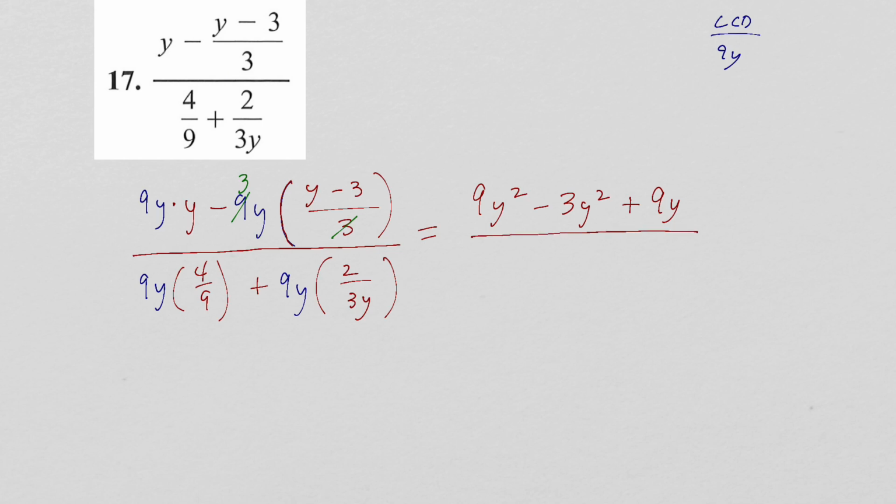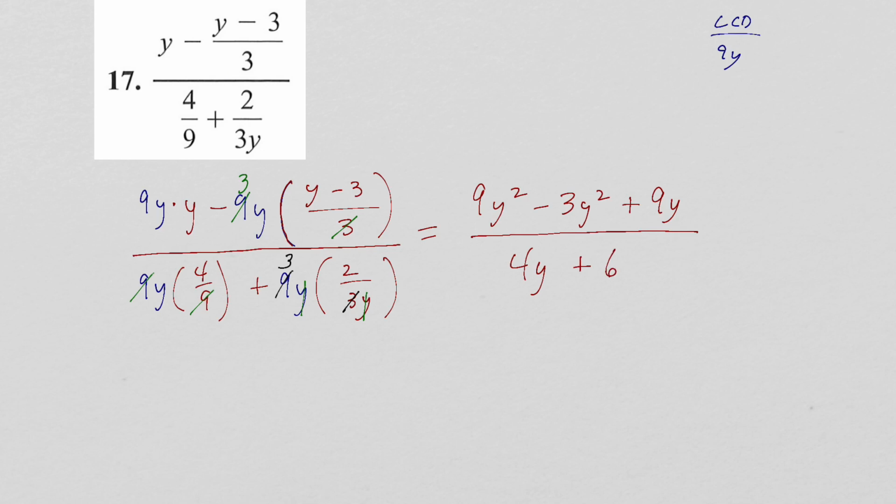Down here, that cancels, and I get 4y. Over here, I'm going to cancel the y's, and 3 goes into 3 once and into this 3 times. So when I multiply here, I get plus 6.